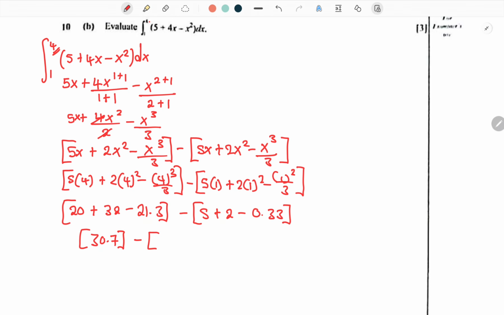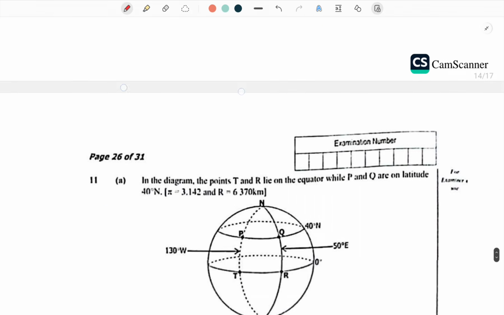We are getting 5 plus 2 minus 0.33, so we're getting something like 6.67. So 30.7 minus 6.67, we are getting something like 24.03. Okay, so this is basically just how you solve this particular question. It's actually very simple. You don't even have to waste so much time on this particular question.